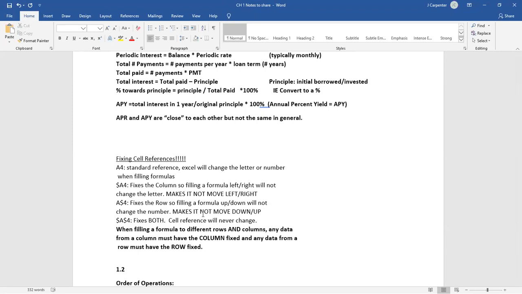So when you don't want a cell moving up or down, you need to put a cash in front of the number. When you don't want a cell moving left or right, you need to put a cash in front of the letter. Sometimes you don't want it moving at all, so you'll need to fix both of them. So that makes that specific cell reference never, ever, ever change. It won't move left, it won't move right, it won't move up, it won't move down. It stays the same, it stays fixed.